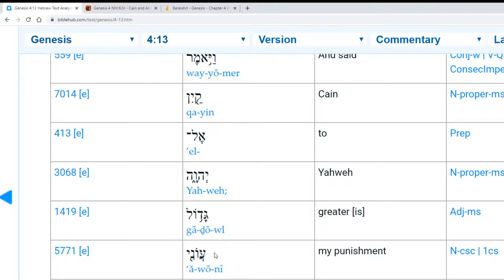It is more than I can bear. Yeah, you could translate it that way. It can also be, you can also translate it as my sin is too much to be forgiven. I think either one of those translations makes sense there.